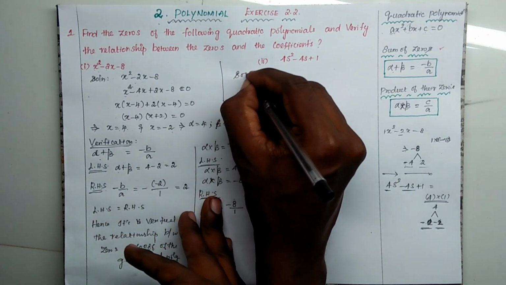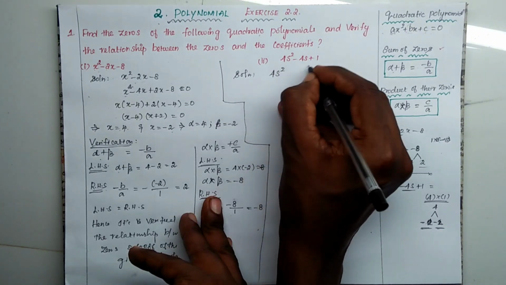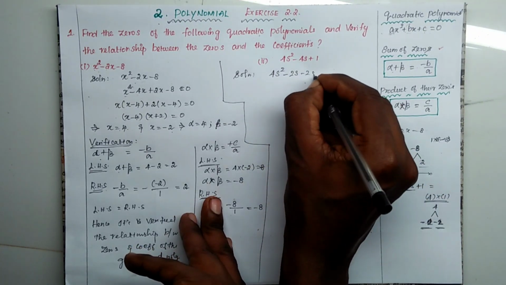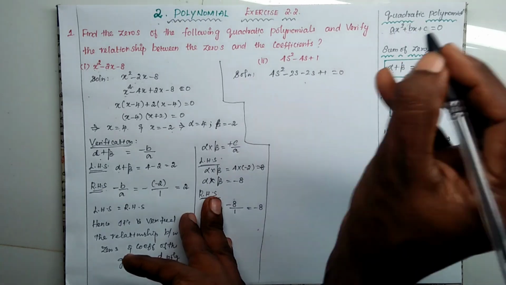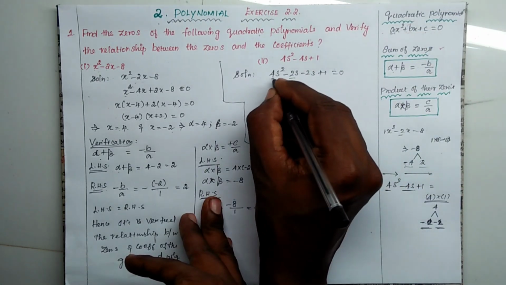Now the solution is 4s square, and in the place of minus 4s we are rewriting this as minus 2s minus 2s plus 1, equal to 0, in order to find the factors. Now the common term is 2s.